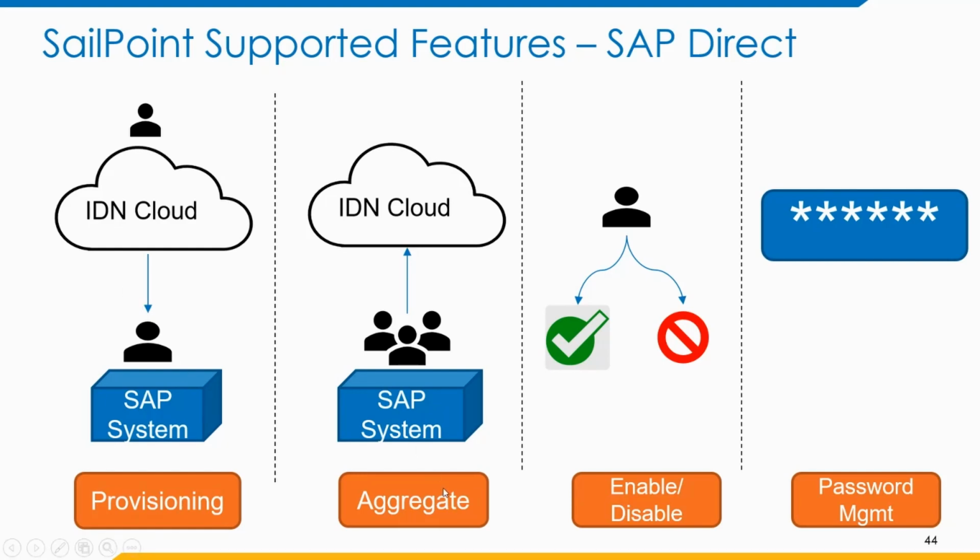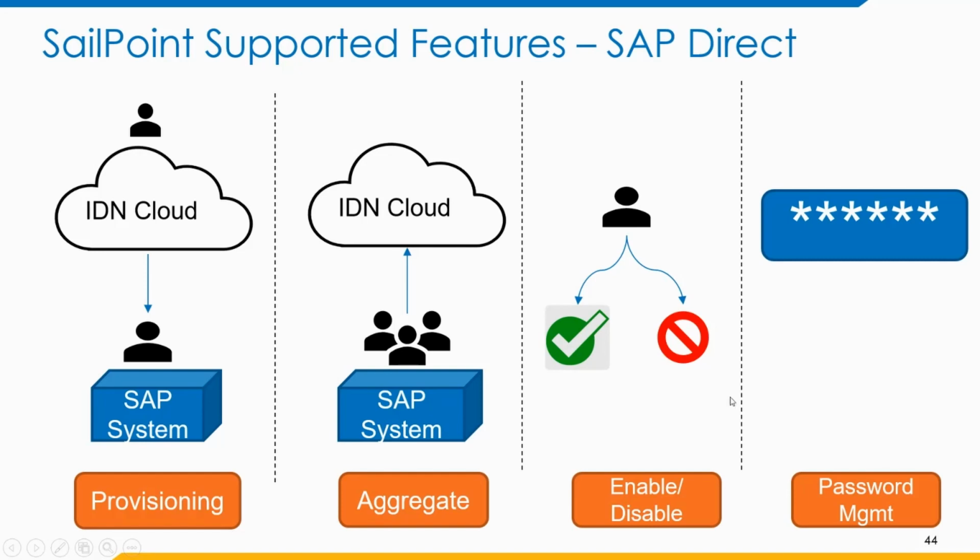Coming to aggregation, we can aggregate the SAP direct connected system sources to Identity Now as well. All the accounts that are in the SAP system can be aggregated to the Identity Now cloud. Here we are considering SAP HR as a truth source and SAP ECC as a target system. For example, if a user is terminated in the SAP HR system, obviously the SAP ECC account must be disabled.